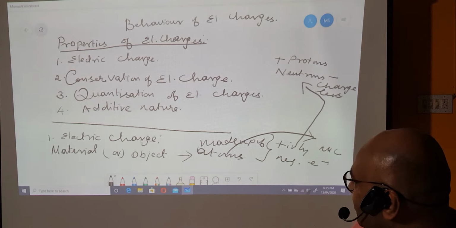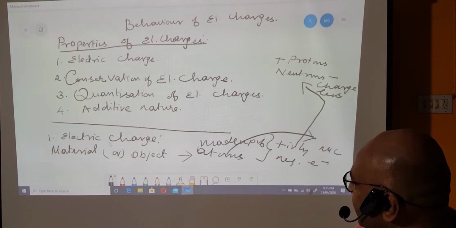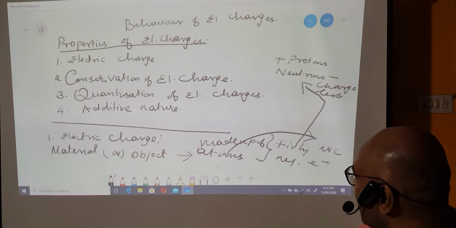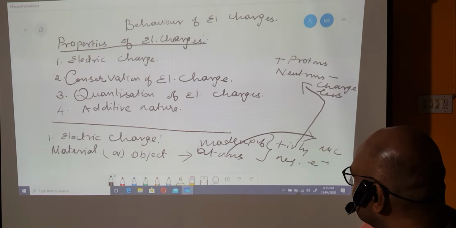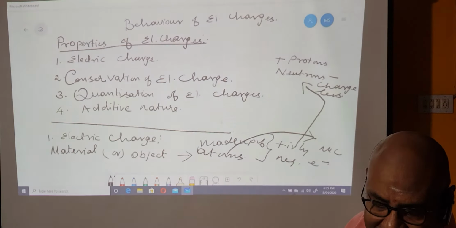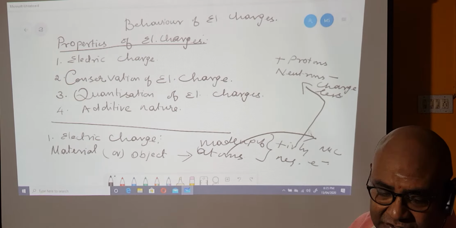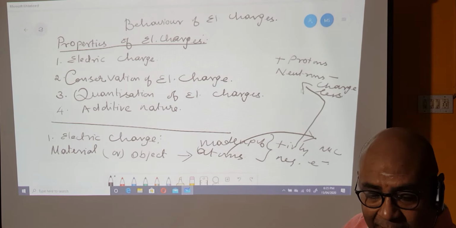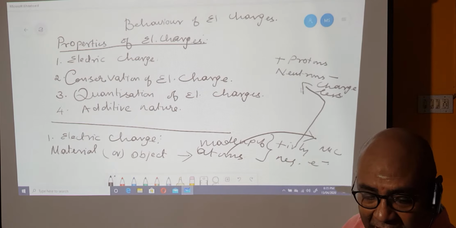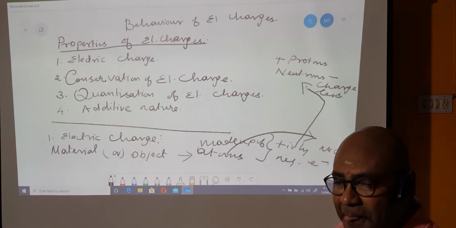So the building blocks of the materials are atoms, or we can say the materials or objects are made up of atoms. Atoms are made up of the nucleus as well as negatively charged electrons. And the nucleus is made up of protons and chargeless neutrons.